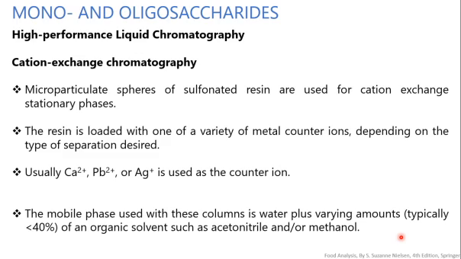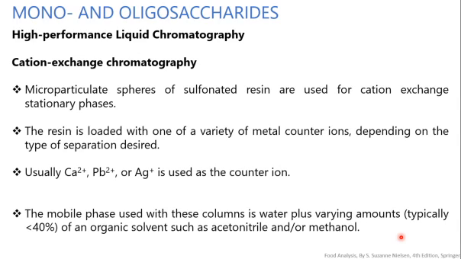In a similar manner, microparticulate spheres of sulfonated resins are useful as cation exchange stationary phases. The resin is loaded with one of a variety of metal counterions depending on the type of separation which we desire. Usually, calcium 2 plus, lead 2 plus, and silver plus are used as counter ions for cation exchange chromatography.